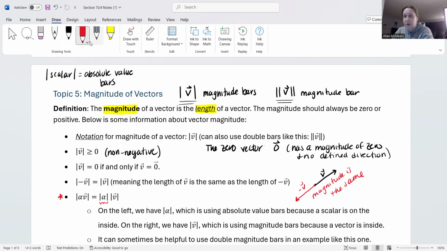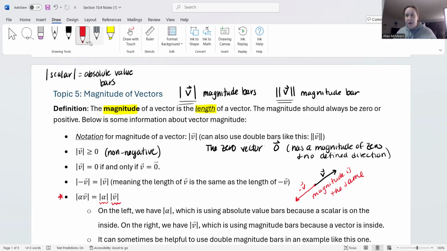It's absolute value because what's inside is just some scalar quantity, okay? And we know it's a scalar mostly because we don't have the little hat on it and we haven't done it in that super bold print, okay? So we know that's absolute value bars because the stuff inside is a scalar, versus over here on the right-hand side, we're definitely dealing with magnitude bars because what's inside is a vector.